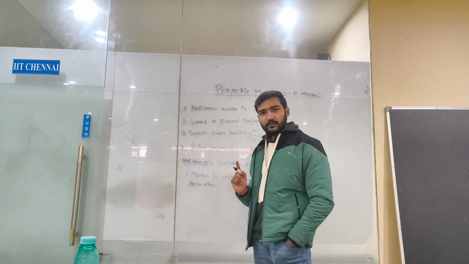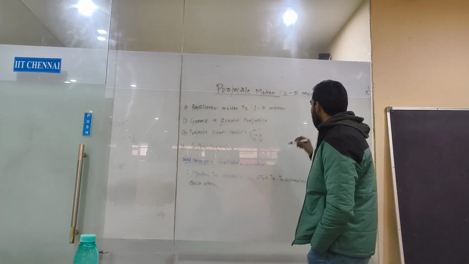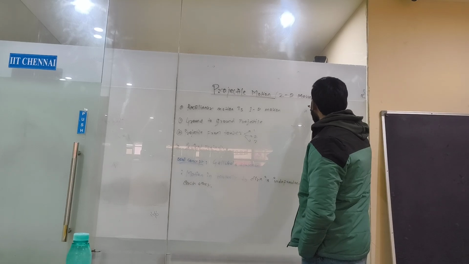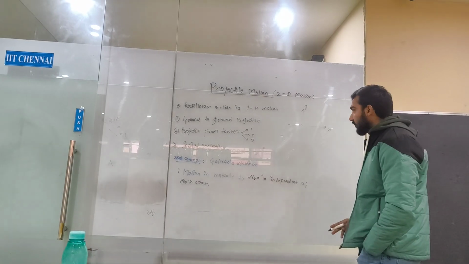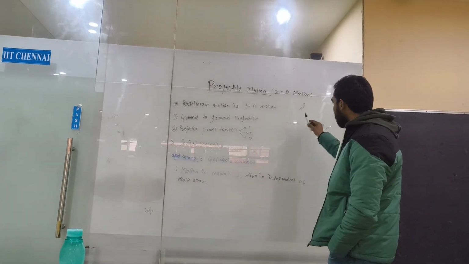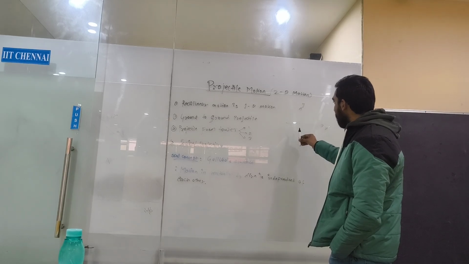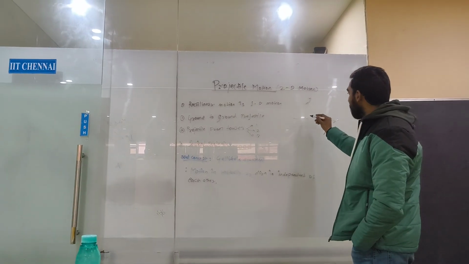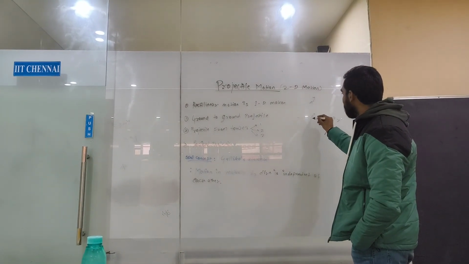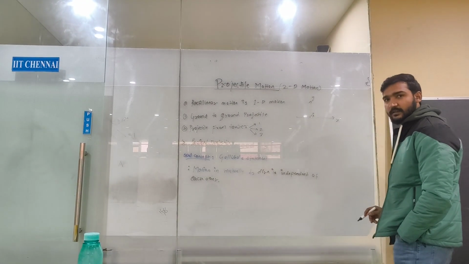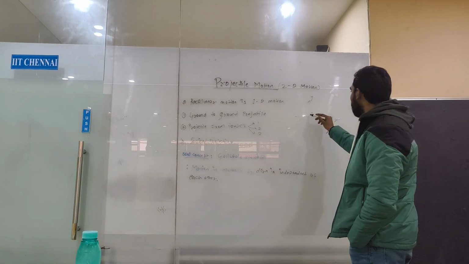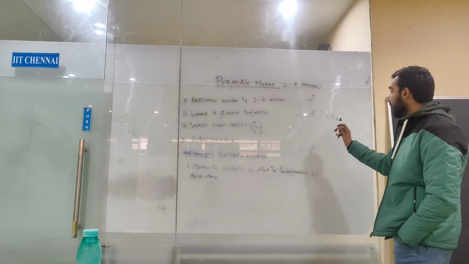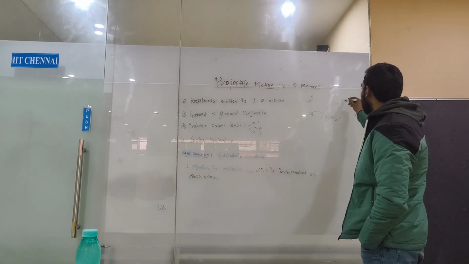So why, sir, can we say this is the sole concept? Because first of all, projectile is a 2D motion. Let's say we make the x-axis this way and the y-axis this way. This is 2D motion. Now we are not throwing a soccer ball alone in the y-axis or alone in the x-axis. We are throwing it at an angle theta, and it will go like this. So projectile motion is also a planar motion.